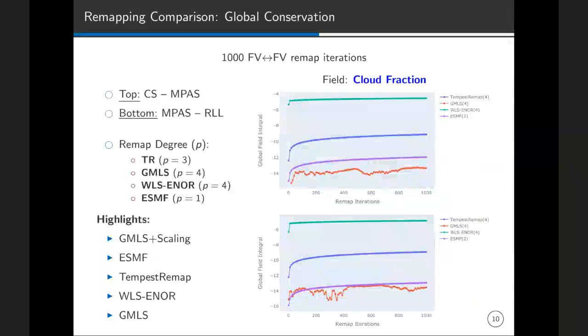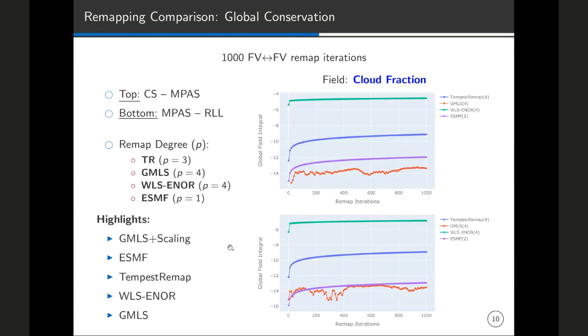In terms of global conservation, when we apply this scheme and we perform 1,000 remap iterations, so what happens? So we chose specific degrees on each of these methods, and the top plot shows the cube sphere to MPAS projection, and the bottom shows the MPAS to a lat-long grid. So we see specifically here that the moving least squares perform pretty badly in terms of conserving the global integral in the data.